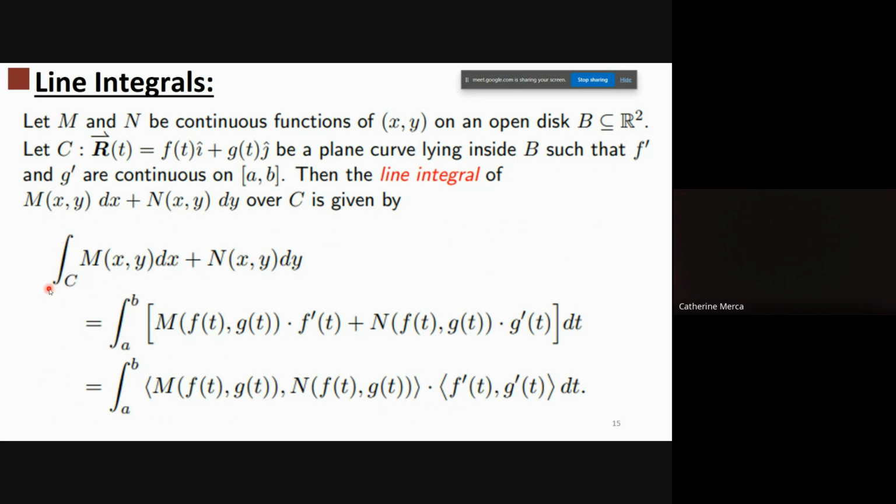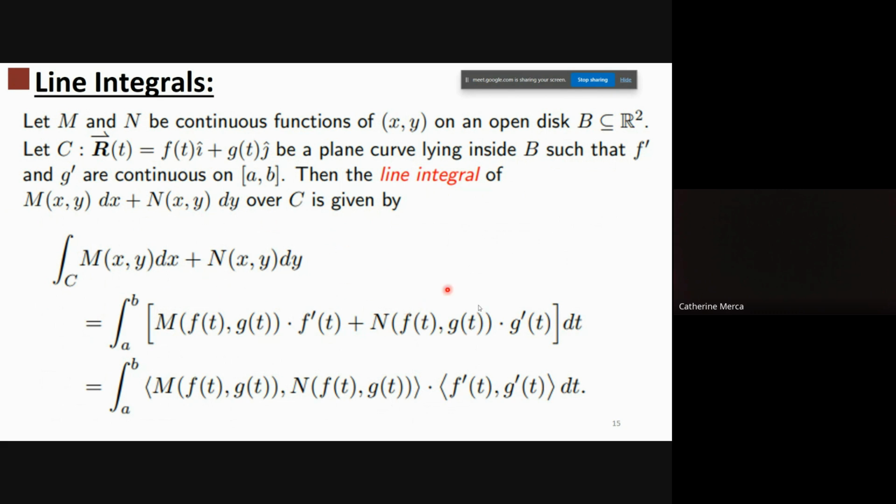It's the integral over this curve, and this is the same as the integral from a to b of M of f(t), g(t), times the first derivative of f, which you take from your r of t. So we take r prime of t so that you can get your f prime of t, plus N of f(t), g(t), which is a function in terms of t.